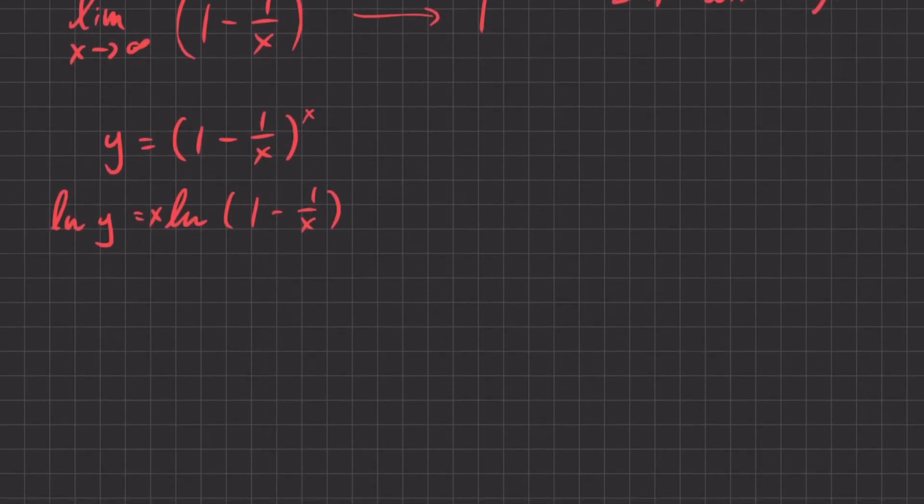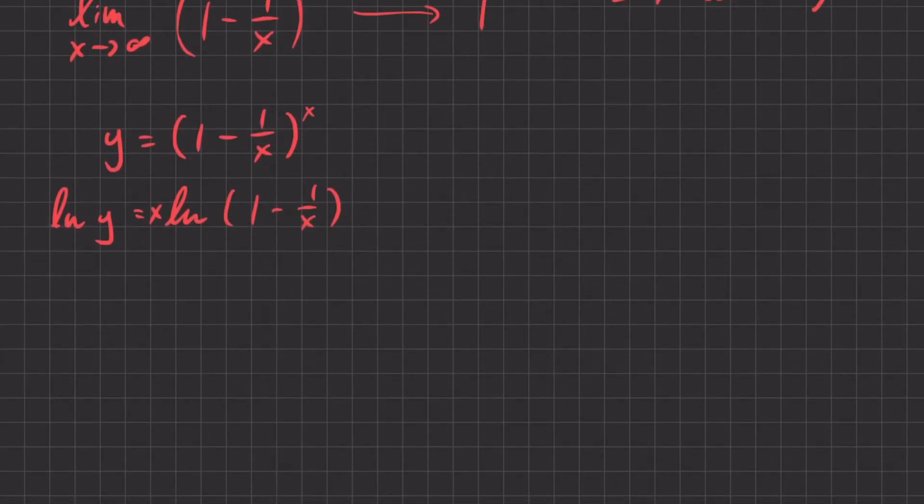Okay, so when I do that, now I can take the limit. I'm going to take the limit of both sides. So we'll say that the limit as x goes to infinity of the ln of y is equal to the limit as x goes to infinity of the ln of x times 1 minus 1 over x.